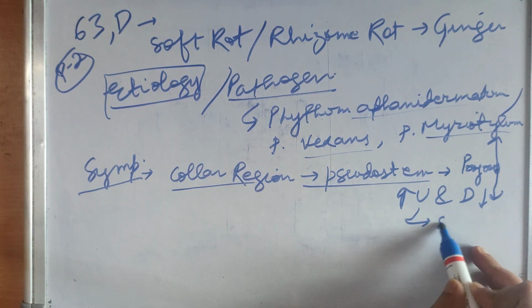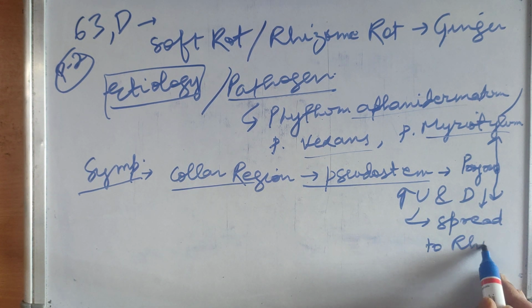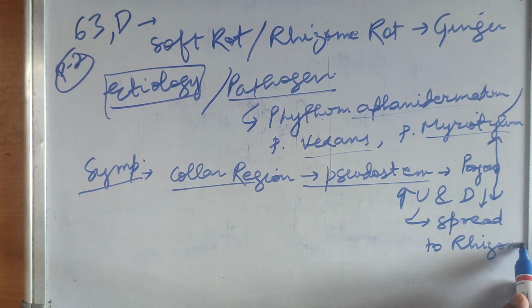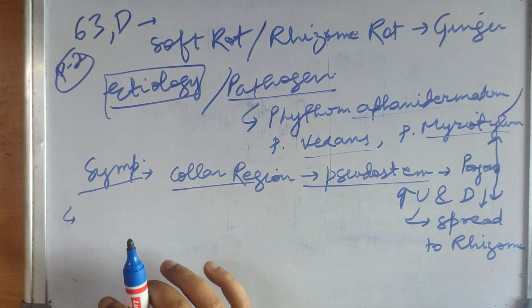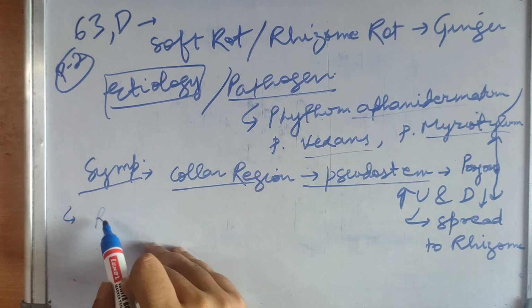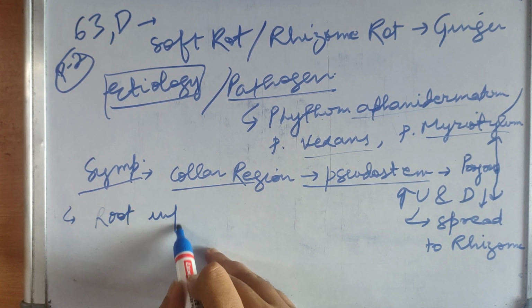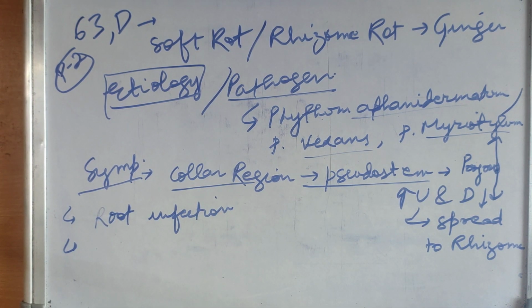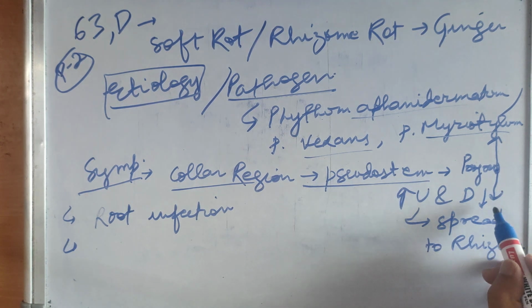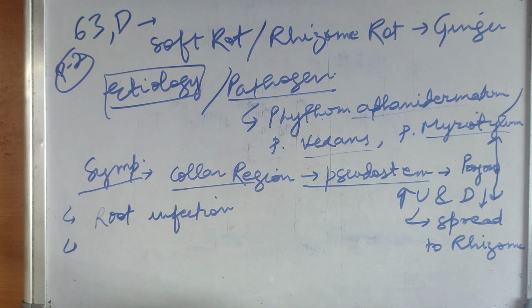Secondly, there is root infection at later stage. When it has become later stage, root infection can be seen because of the downward spread, it also reaches the root.